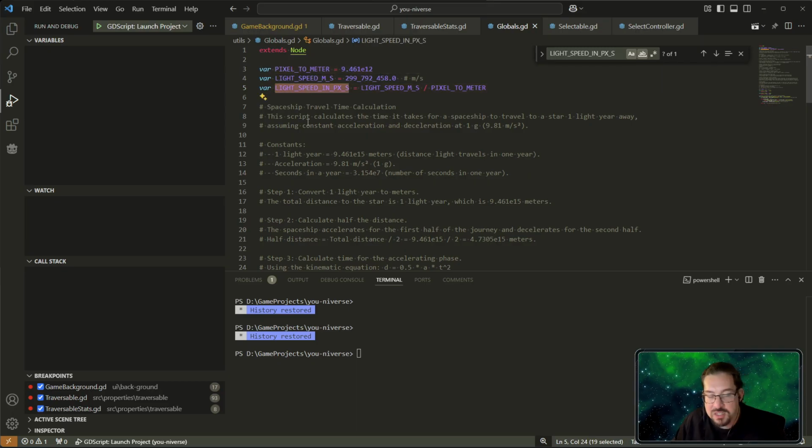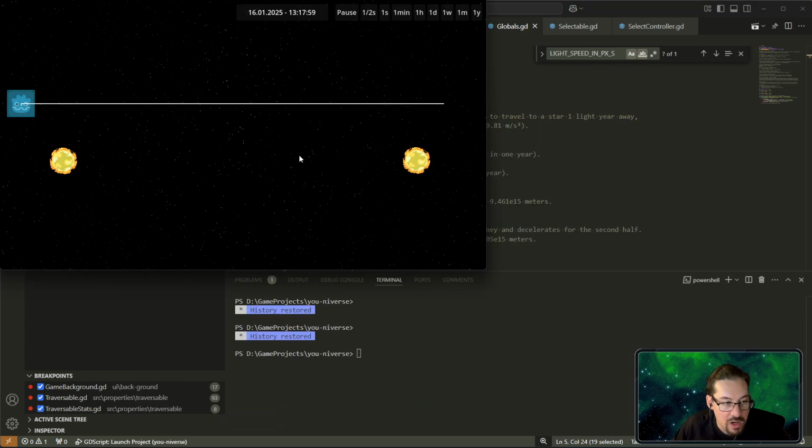When I'm doing a 1000 pixel distance, I divide it, and I've got my light speed in pixels per second, because I want to create a game where you're controlling the actual time in every unit, with time dilation of its own.